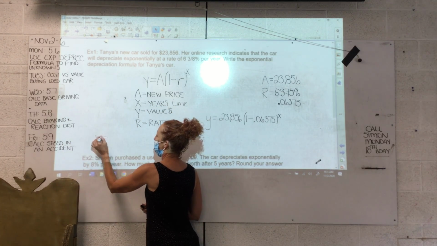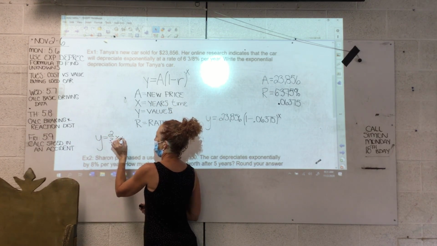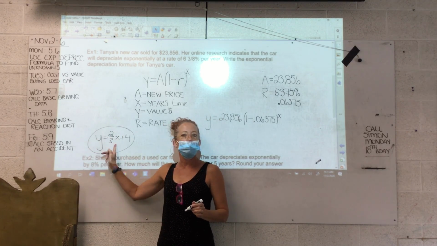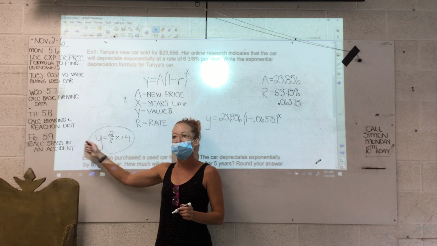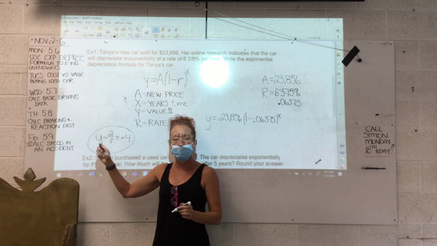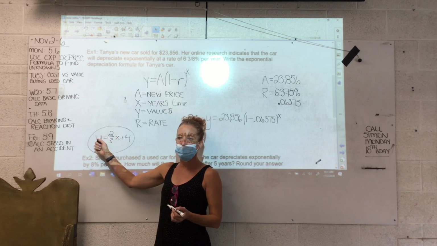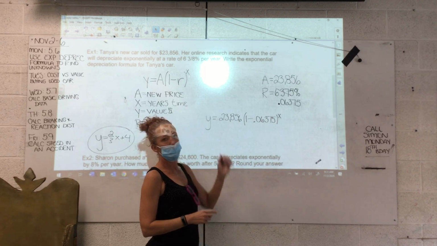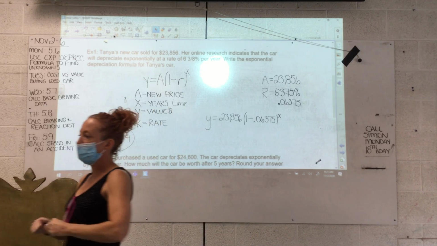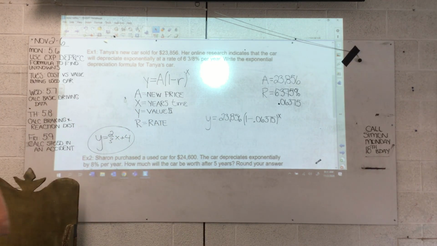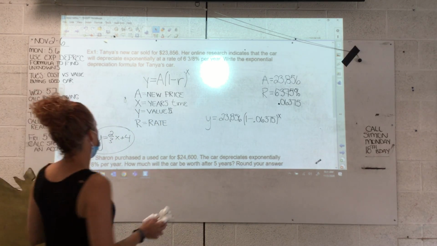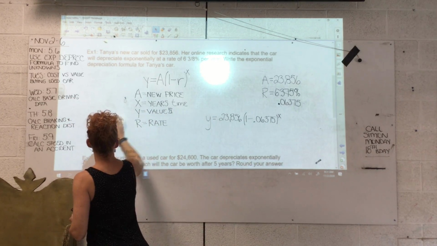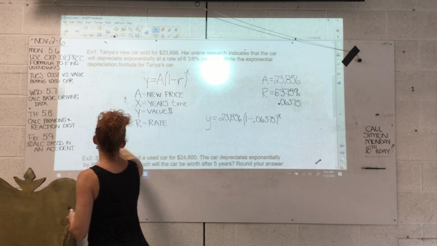If you have y equals 2/3 x plus 4, aren't there 2 variables to that line? You guys are so used to seeing lines. Y equals mx plus b. Doesn't even faze you that there's both an x and a y. Same here. There's both an x and a y. So then if the question had an extra part to it, how much is the car worth after 3 years? You could plug in 3. All right, there's pieces you could figure out.